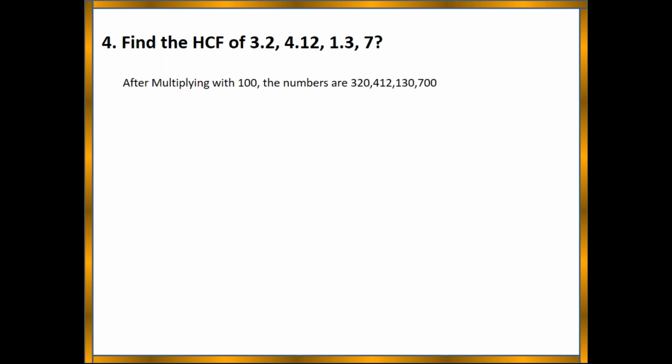Better to multiply with 100 only, because 4.12 has 2 decimal places. Remove them by multiplying with 100: 320, 412, 130, 700.